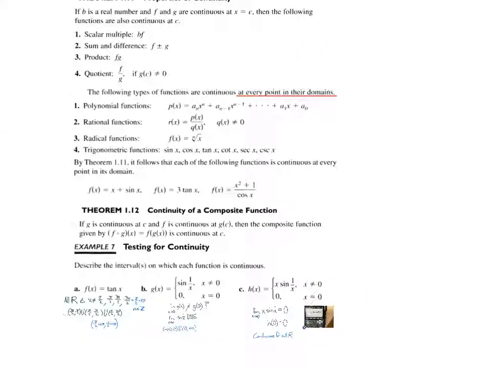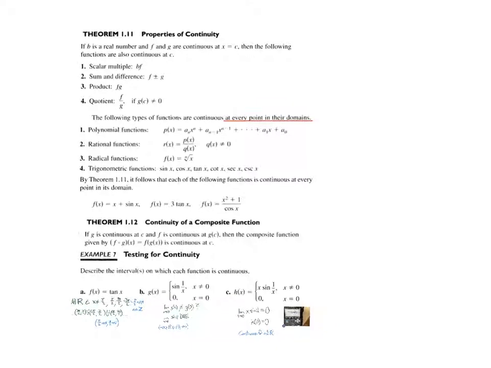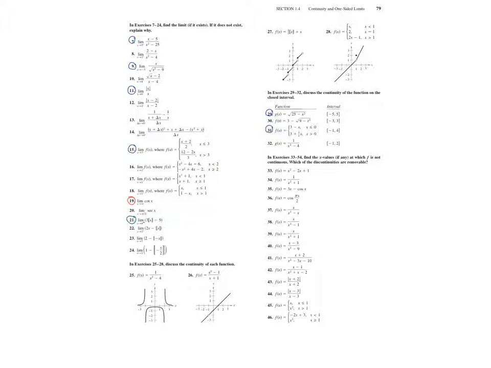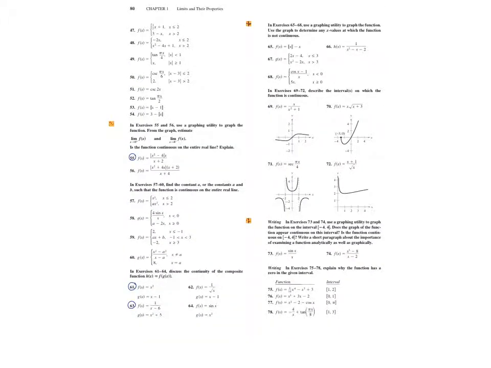All right. So those are some properties, some different testing for continuity and whatnot. You have some practice to do with these. When it's asking you to discuss continuity, make sure you're clearly communicating.